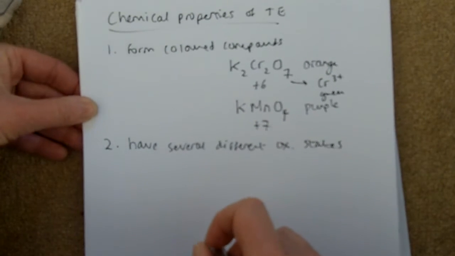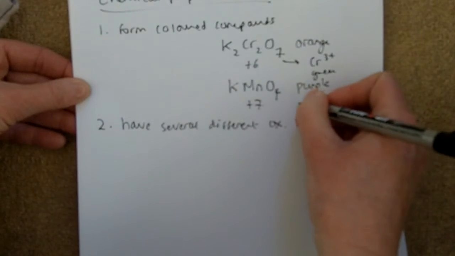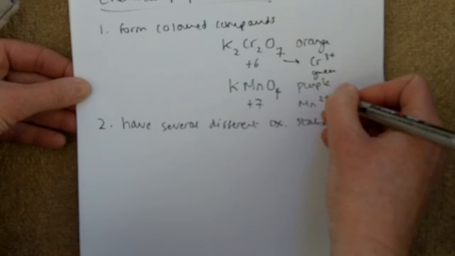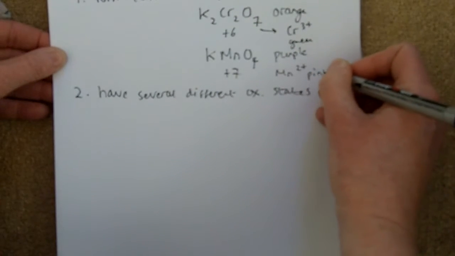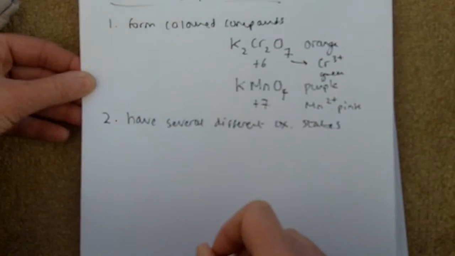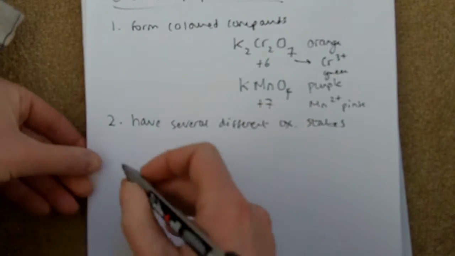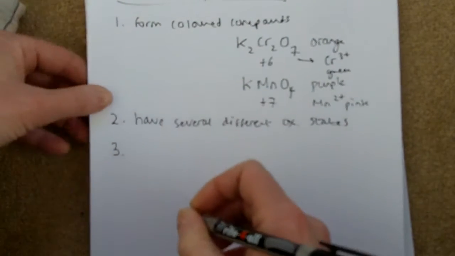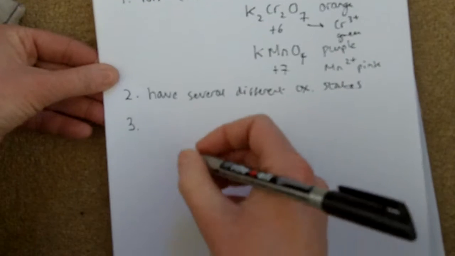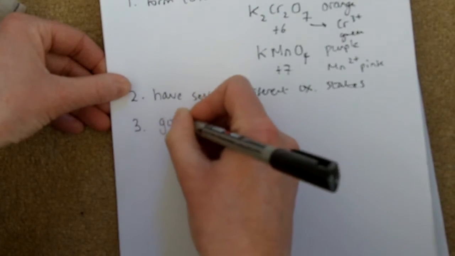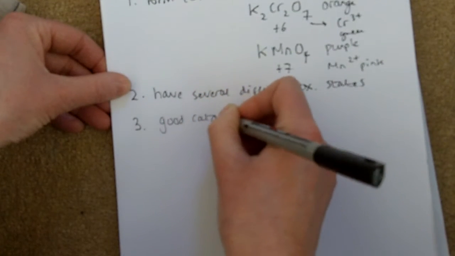Manganese can also exist as manganese 2+, which is a very light pink colour. Several different oxidation states means that they're very useful as catalysts. They are good catalysts because they've got several different oxidation states.